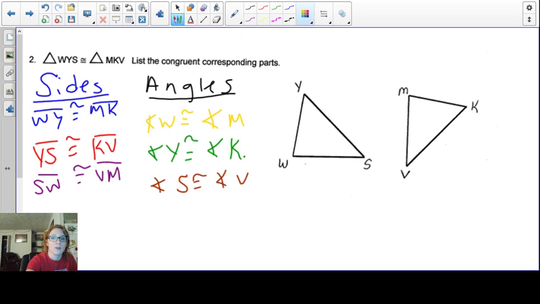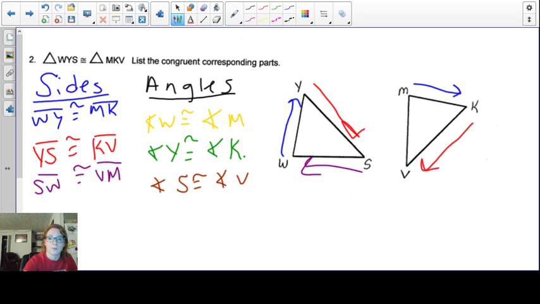So if I started over here, I have W to Y. So that starts with M to K. Then I went Y to S, which would have to be K to V. And then I went SW, which is VN. So I always like to look at the first one to see how I'm going to go around, the first side anyways.